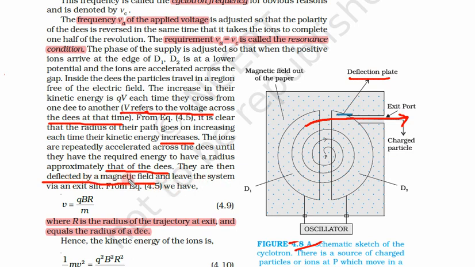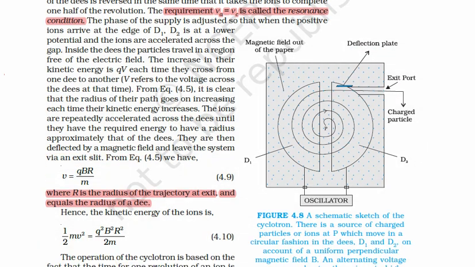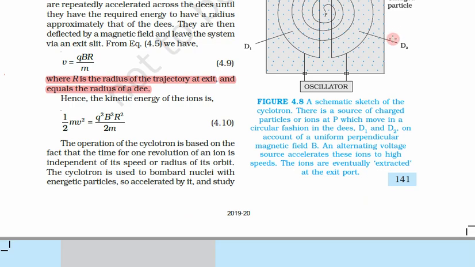They are then deflected by a magnetic field and leave the system via an exit slit. So this is the whole story of the cyclotron machine. This is one of the most important topics in class 12. Now we know this v is equal to qB r upon m. We have already solved mv square by r: centripetal force is equal to magnetic force, that we have seen.